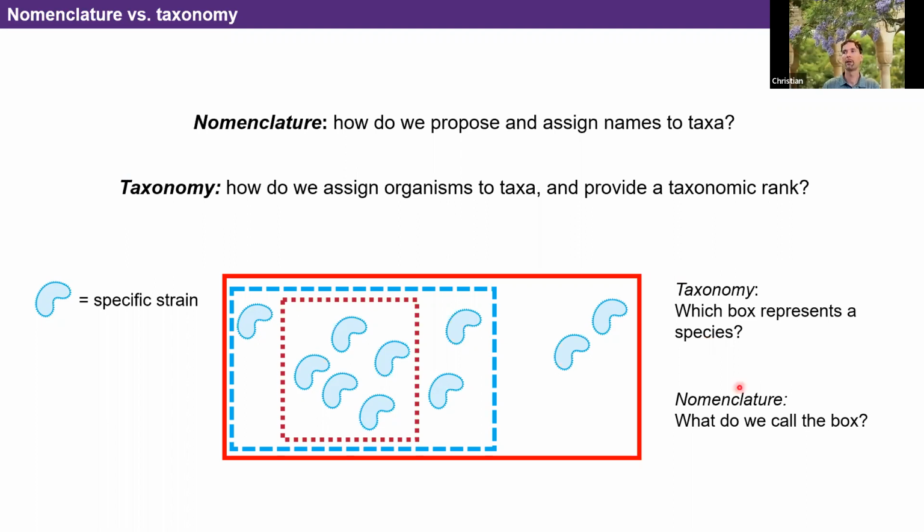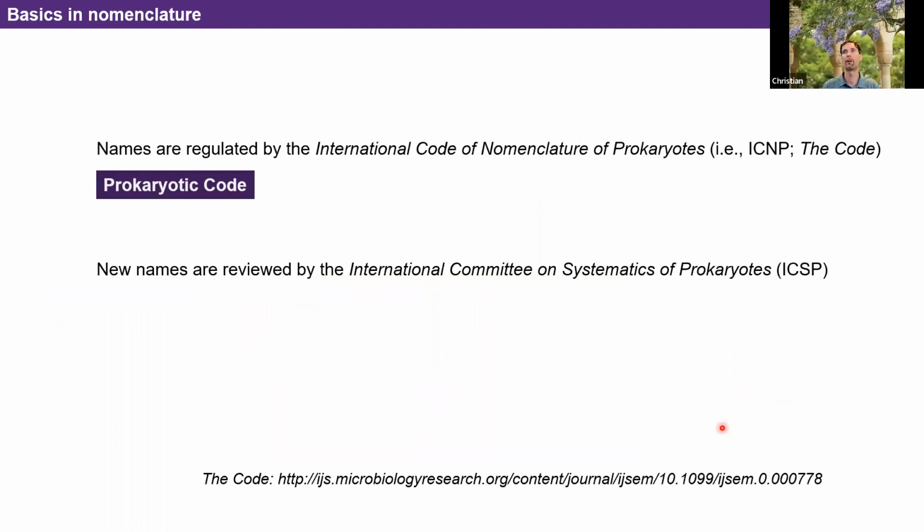Now let's have a look into the nomenclature. What are the basics here that we need to cover? So you might be familiar with that, but the prokaryotic names, right? They are regulated by the International Code of Nomenclature of Prokaryotes, or ICNP for short, also known as the code. And that is the prokaryotic code I showed you in the slide earlier.